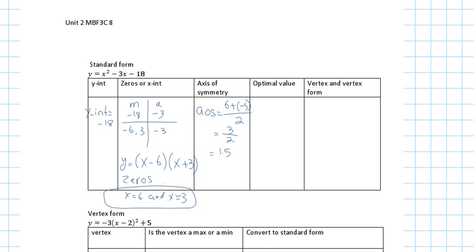How many of you understand the steps? To find the optimal value, I need to plug in the axis of symmetry. What do you get for this?